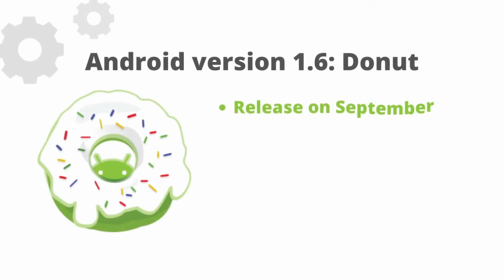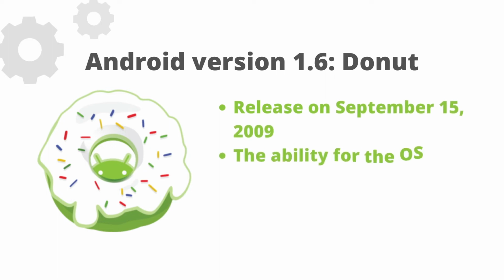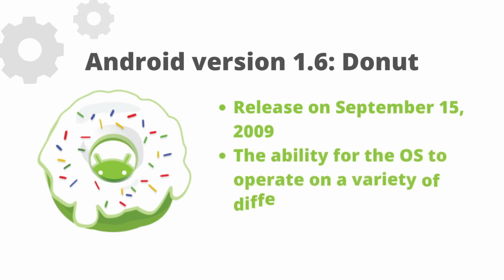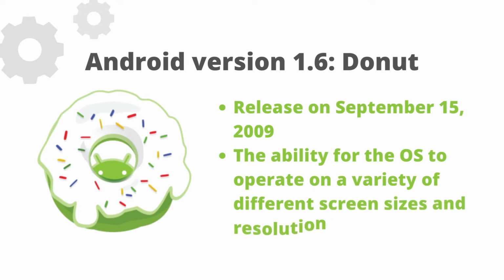On September 15, 2009, Android 1.6 was released with the name Donut. Donut filled in some important holes in Android, including the ability for the operating system to operate on a variety of different screen sizes and resolutions.